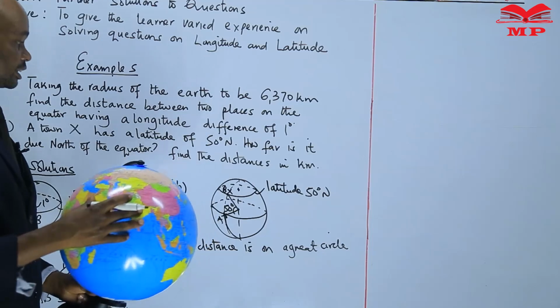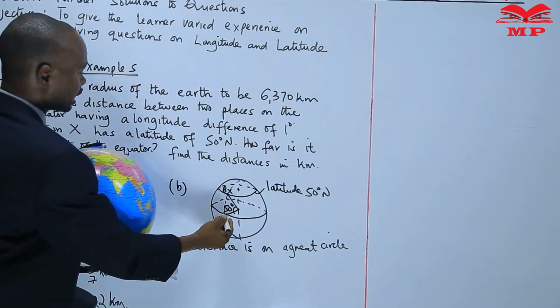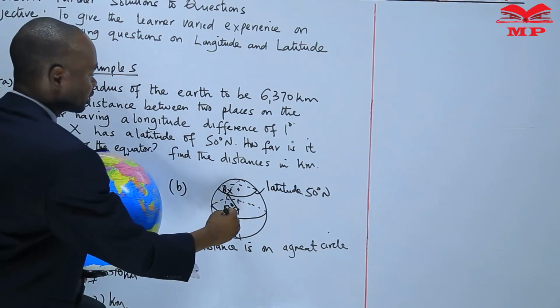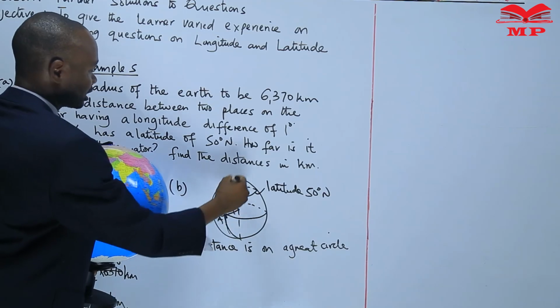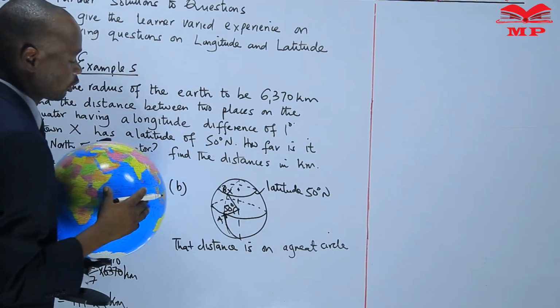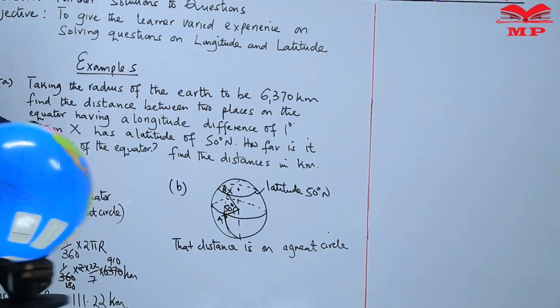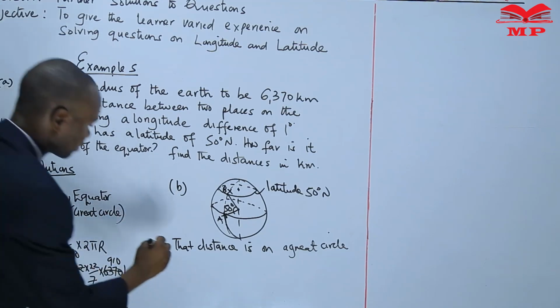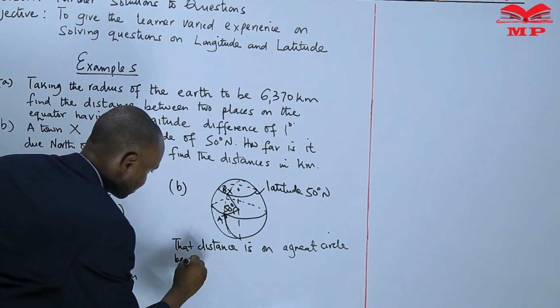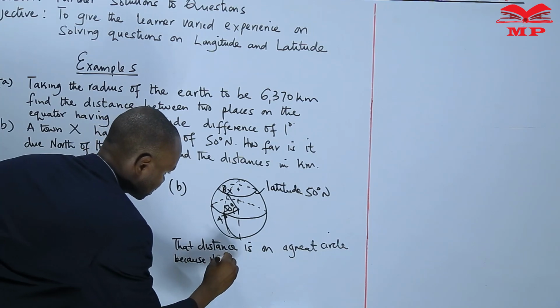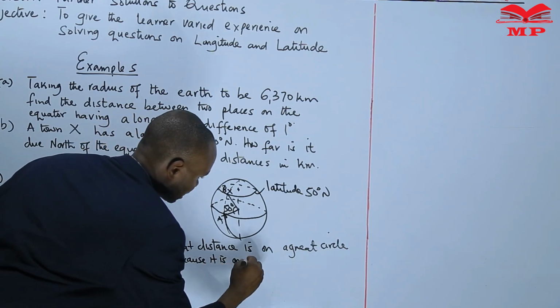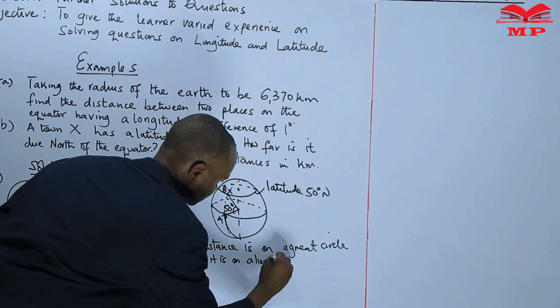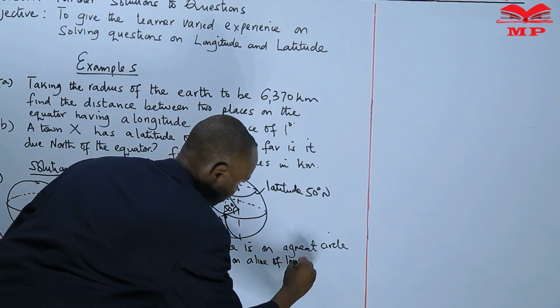To move to that latitude, you'll be moving along a certain longitude. So it is on a great circle because it is on a line of longitude.